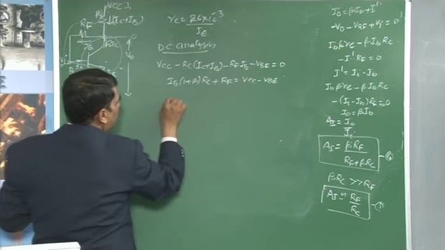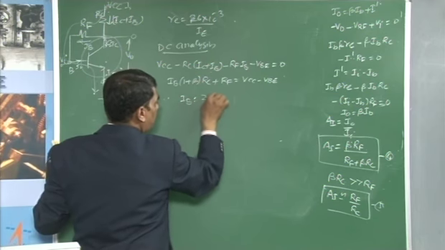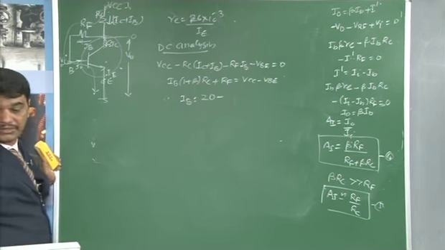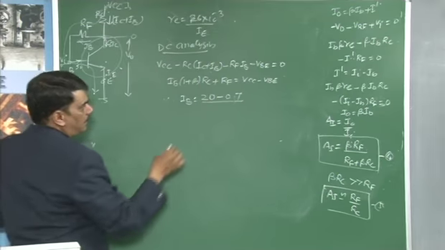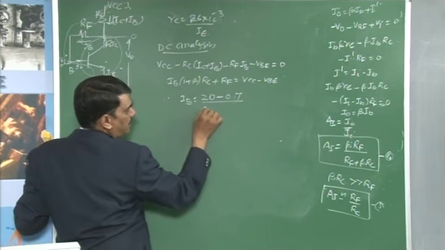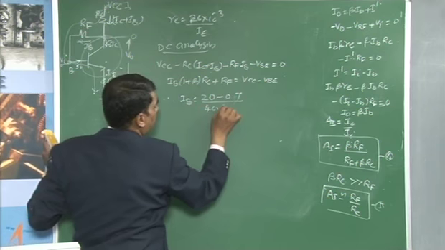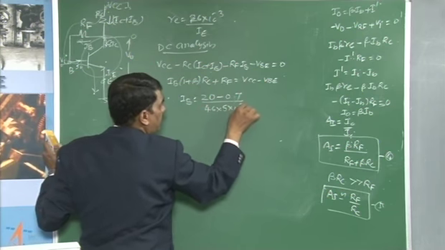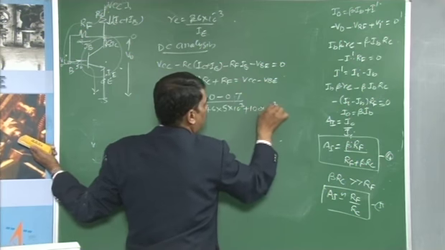You get IB equal to 20 minus 0.7, for a silicon transistor, divided by (1 plus beta, which is 46) into the resistances, RC given as 5 into 10 to the power of 3 and RF as 100 into 10 to the power of 3.